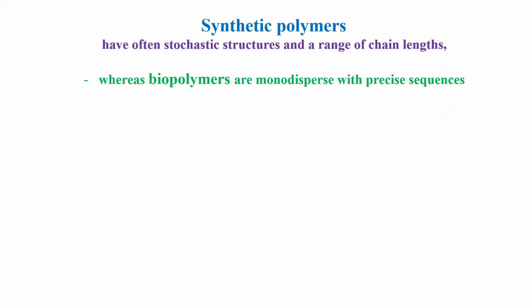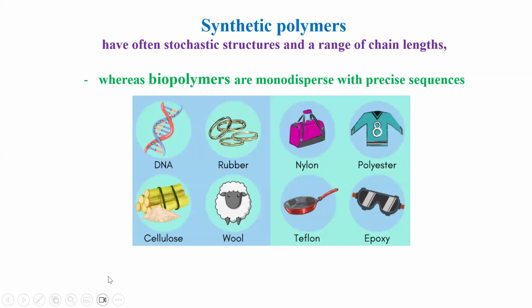So synthetic polymers often have stochastic structures and wide ranges of chain lengths, whereas biopolymers are monodisperse and have very precise sequences.